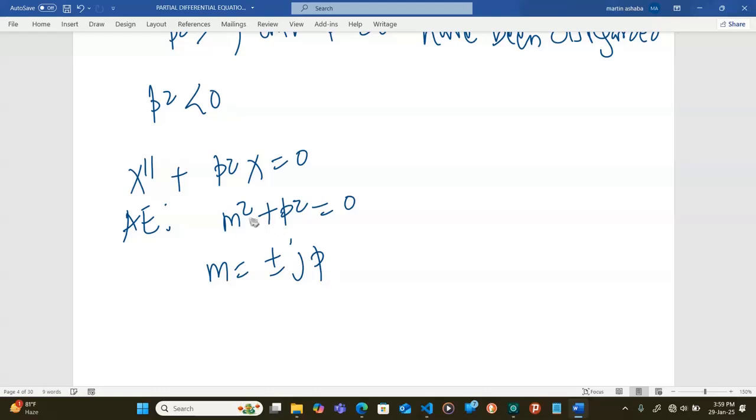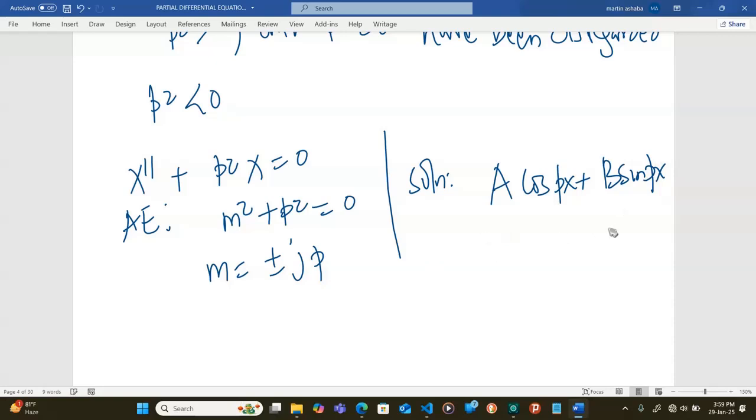So this becomes a complex number, and therefore we introduce jp. What does that mean? The solution becomes a cos px plus b sin px, and that becomes one of our solutions.